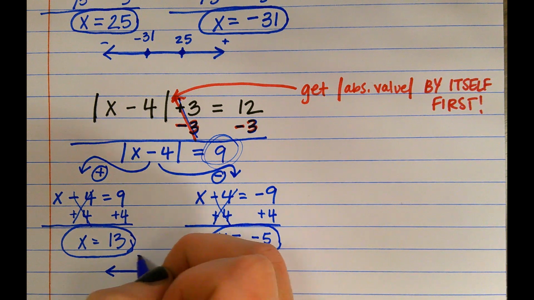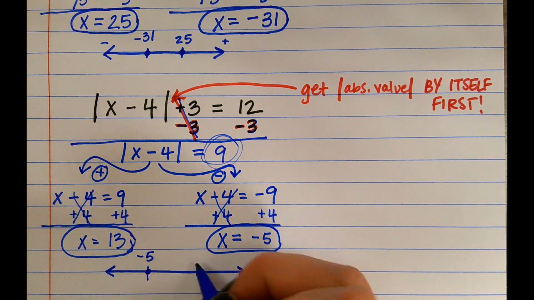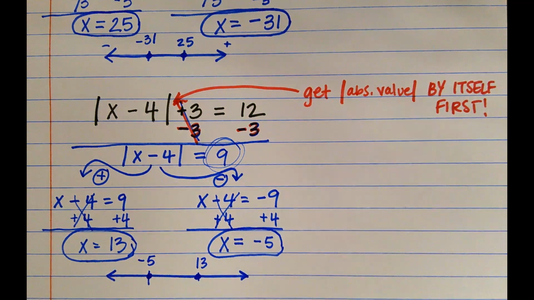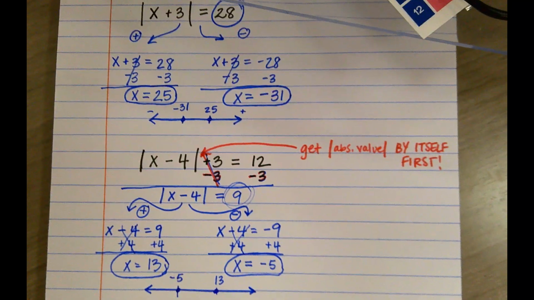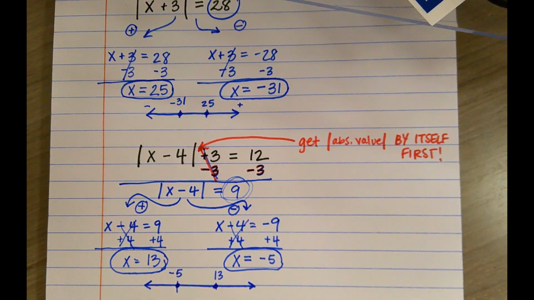Negative 5. Good. And next, 13. There is both problems.